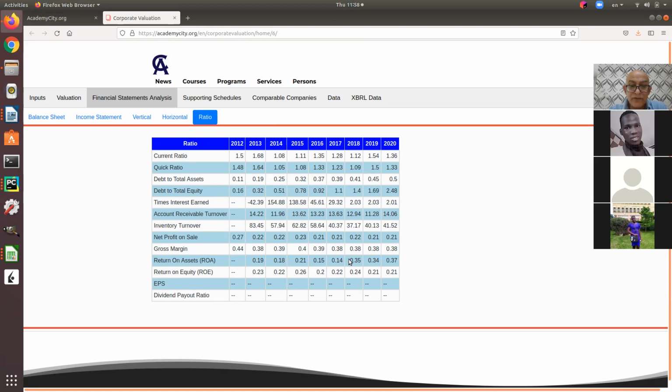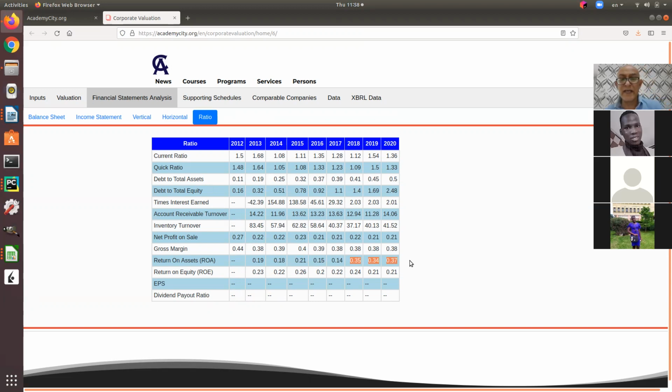Return on assets jumped to 35, 34, 37 in the following three years. So we see that there is a relationship between debt to equity in Apple. The more they became debt financed, the higher the return on assets became. No surprise.